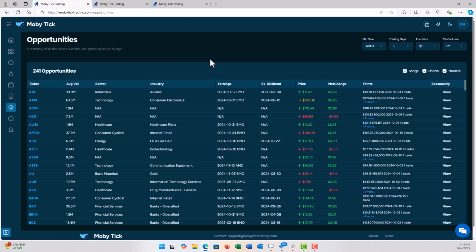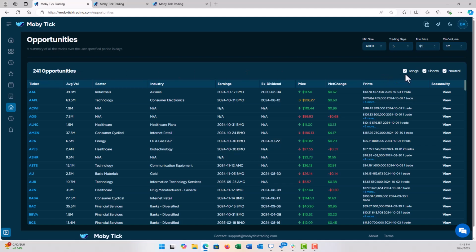So what we wind up doing here when we're looking for opportunities is I have a default share size here of 400,000 over 5 trading days, minimum price of $5, and the minimum average volume of 1 million. So out of the 10,000 stocks that we're tracking, right now there's 241 trade opportunities.